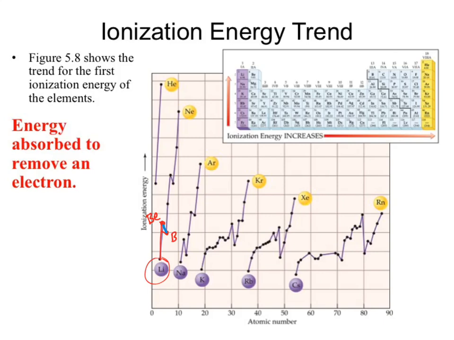Well, what's the difference in electron configuration? If we take a look at boron, its electron configuration is 1s2, sorry, what was its configuration? 1s2, 2s2, 2p1. Why would it be really easy to rip that electron away from the boron? It's only one.